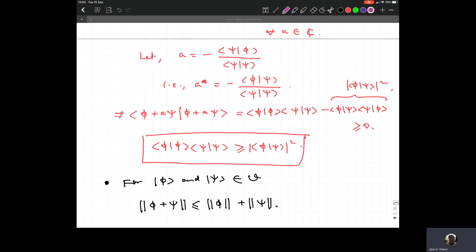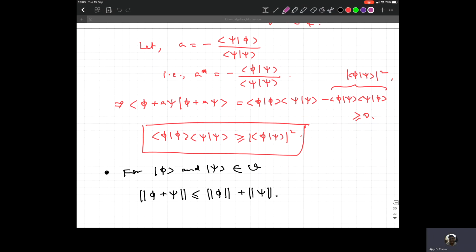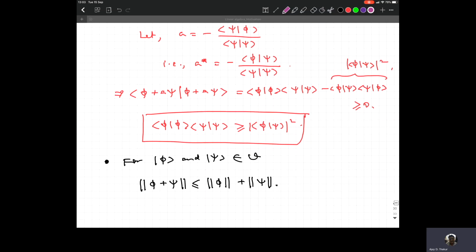So that implies that the quantity on the left hand side, which is the inner product of phi plus a psi with itself, is going to be equal to the product of norms of phi and psi, minus the inner product of phi and psi mod square, and this is going to be greater than or equal to 0.